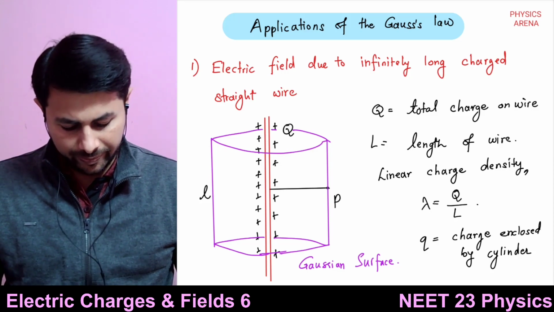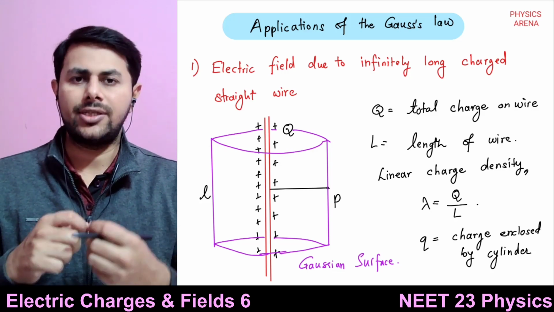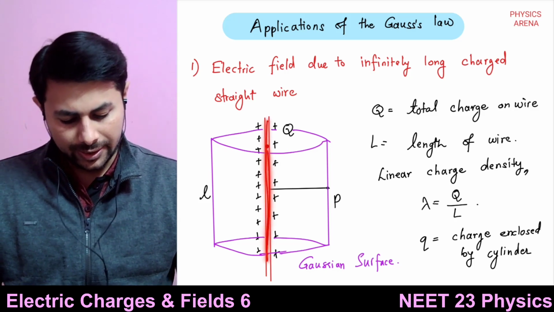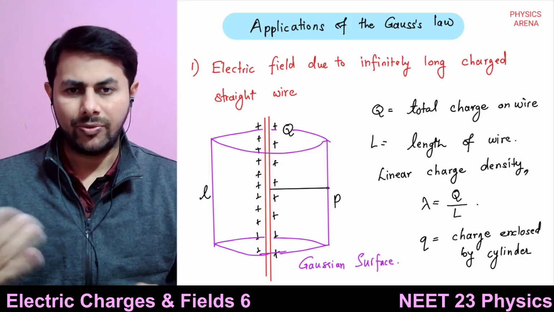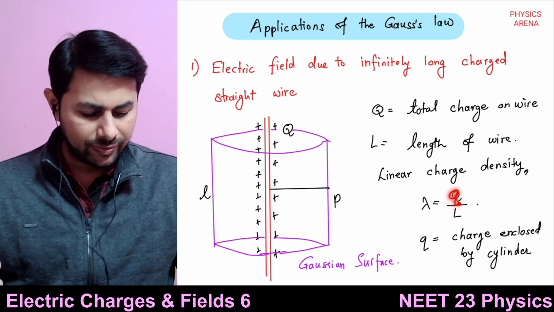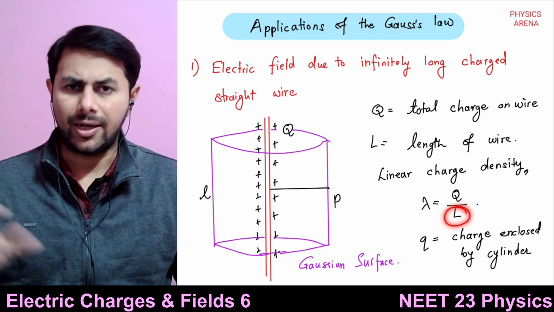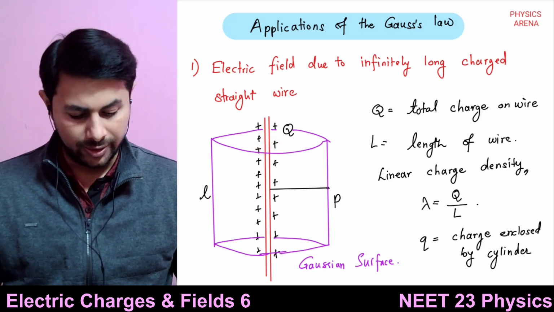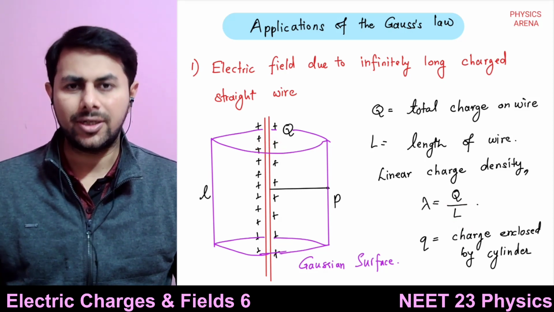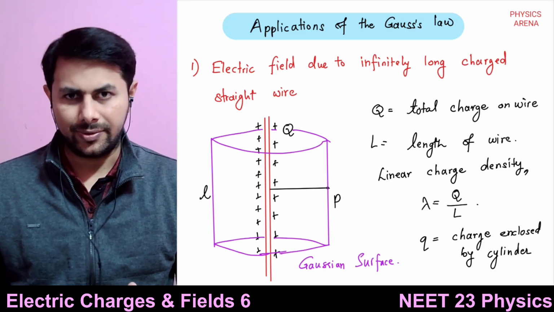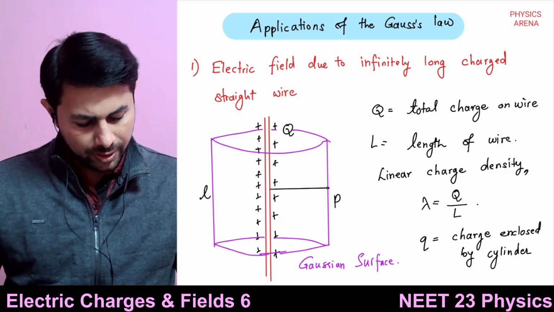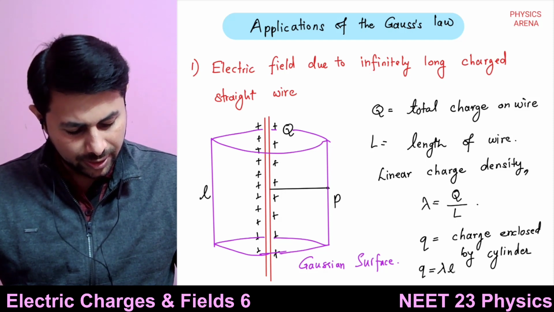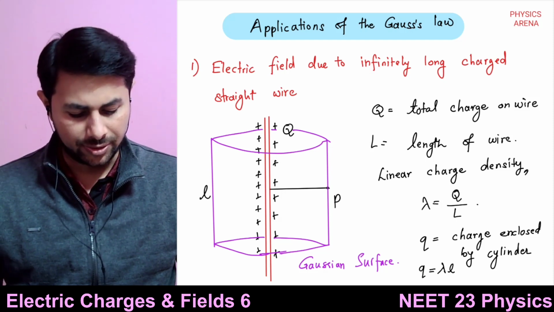Since the charge is uniformly distributed all over the length of this wire, the charge enclosed for length small l of the wire would be lambda multiplied by l. So Q is equal to lambda times small l. This is the charge enclosed.